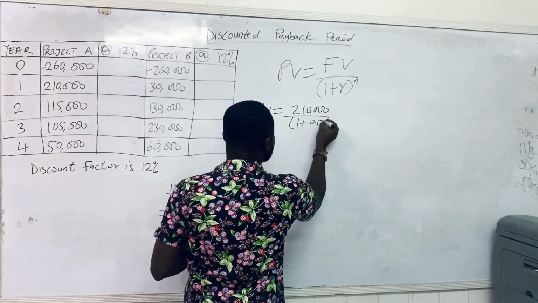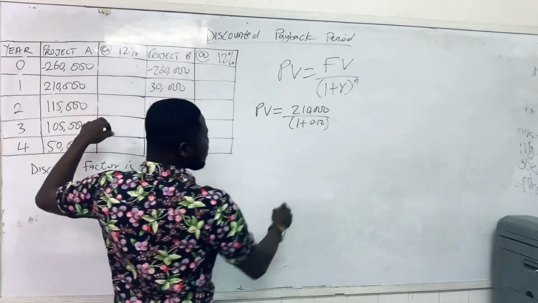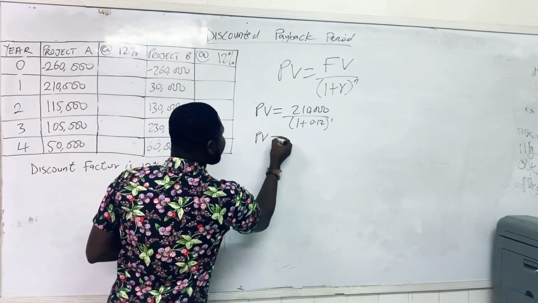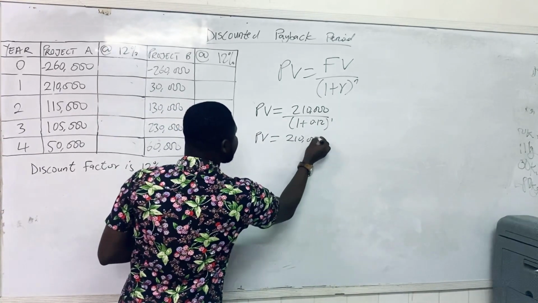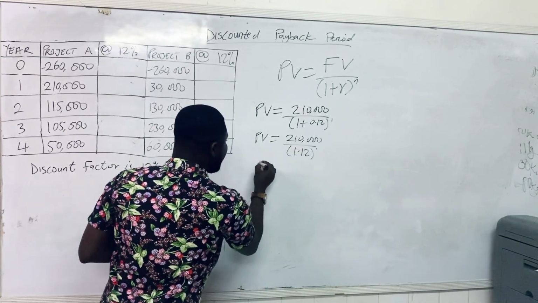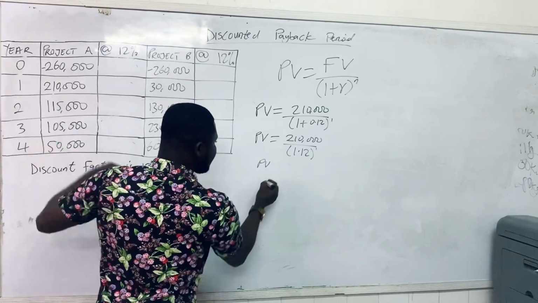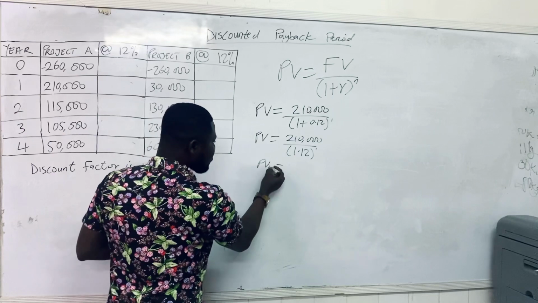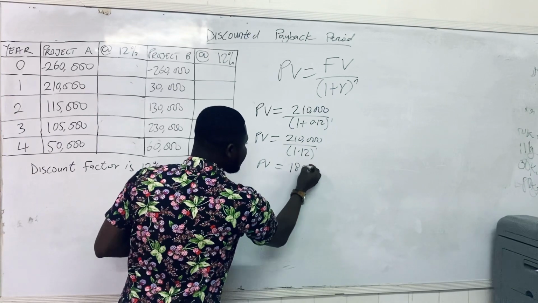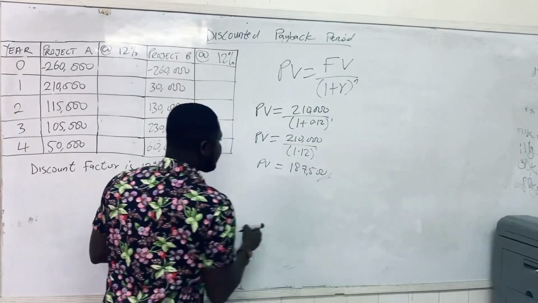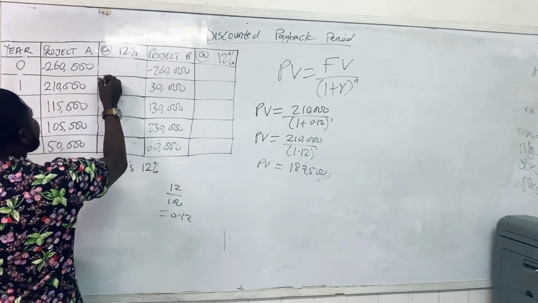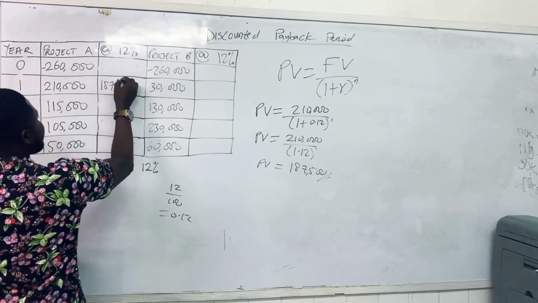So 1 plus 0.12. The exponent is just 1 year, so you can just write 1 or leave it like that. So our PV equals 210,000 all on 1.12 exponent 1. So our PV for the first year for project A is 187,500.